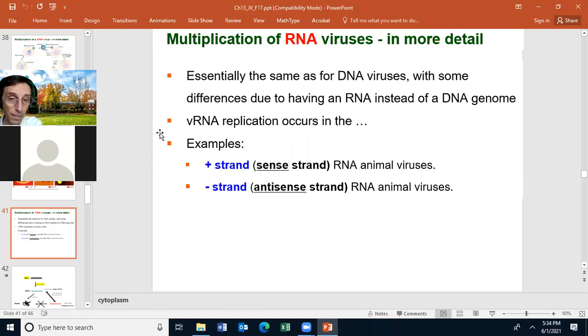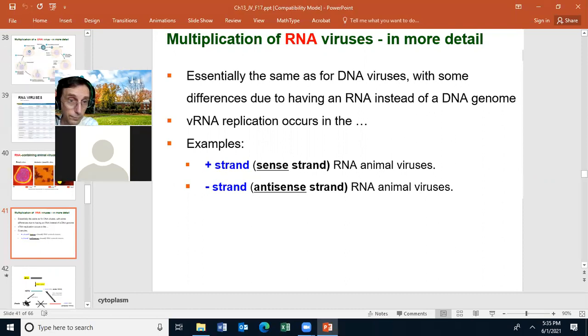Now remember, the positive strand RNA genome can be read by a ribosome. The negative strand RNA viral genome cannot be read by a ribosome. And the negative strand is the antisense to the positive strand, meaning these 2 strands are corollaries to each other. Any question about any of that?